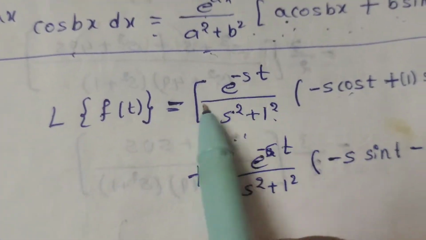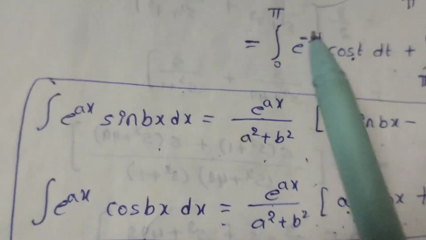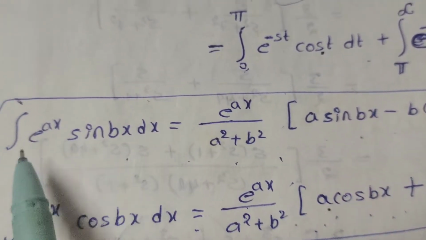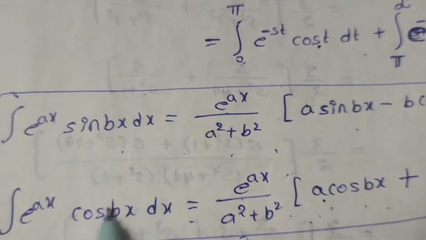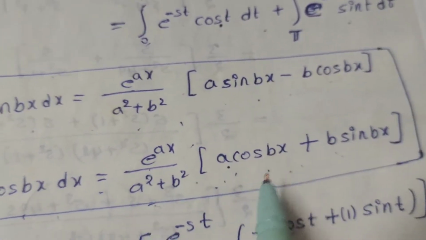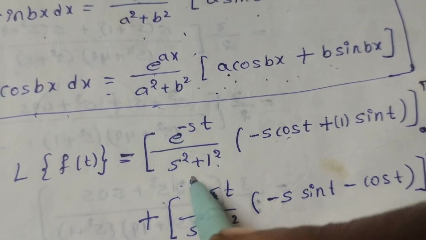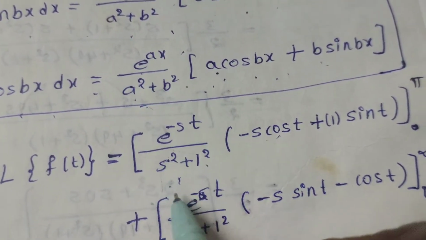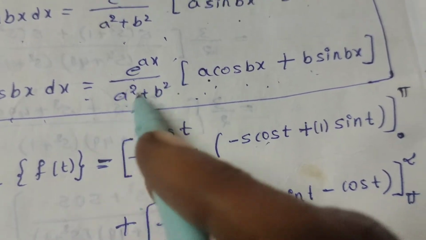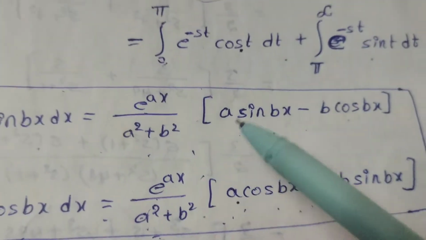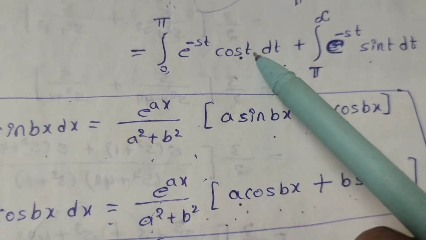Applying the cos formula to e^(-st) cos t, we get e^(-st)/(s² + 1²), where a is minus s and b is 1.